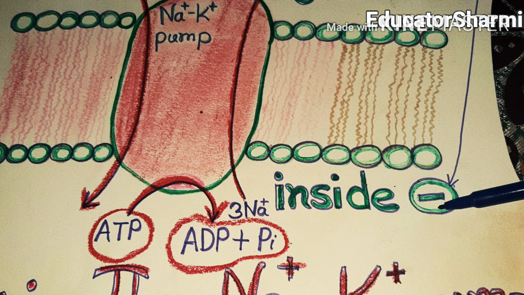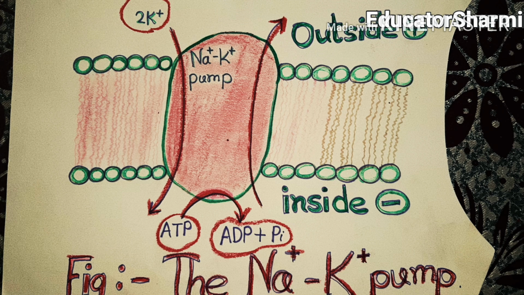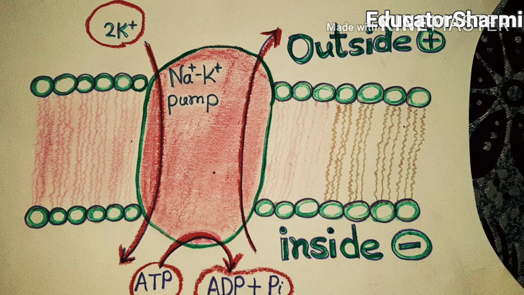The sodium and potassium pump, for example, is a carrier protein used for active transport. You can find such a pump in the cell surface membranes of all animal cells. Both ions are positively charged, so the net result is that the inside of the cell becomes more negative than the outside.